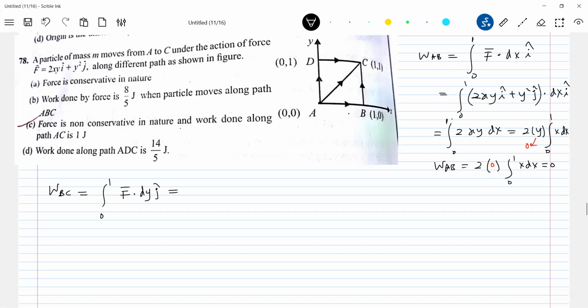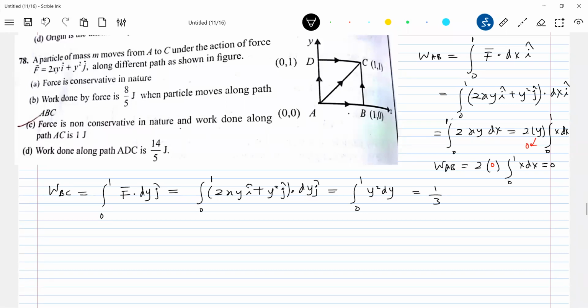So directly I'll write it. 2xy i cap plus y square j cap. So this should be y square dy from 0 to 1. So this will be 1 by 3 after integrating.